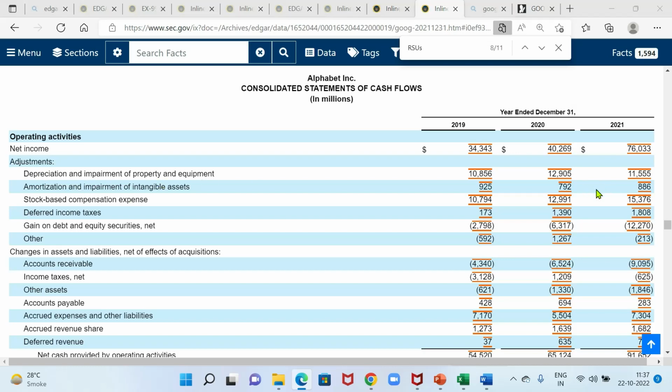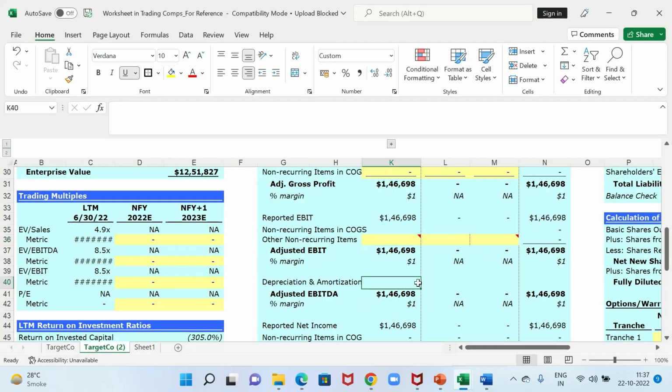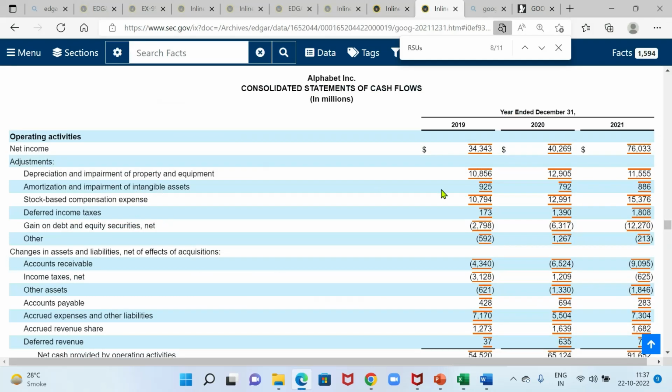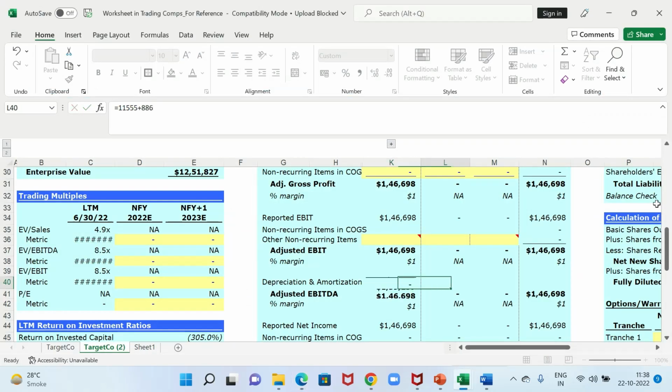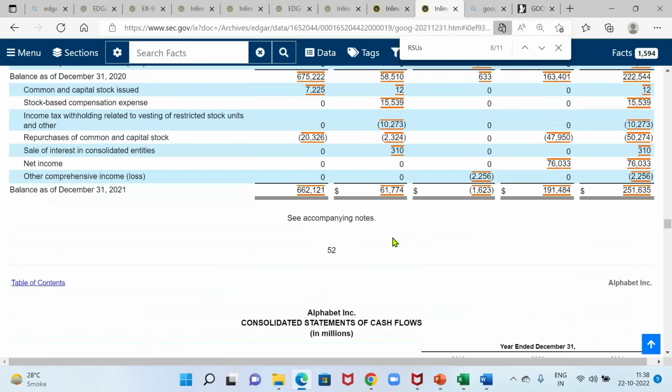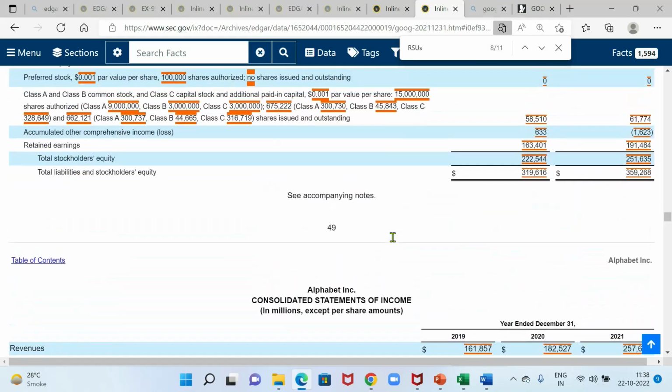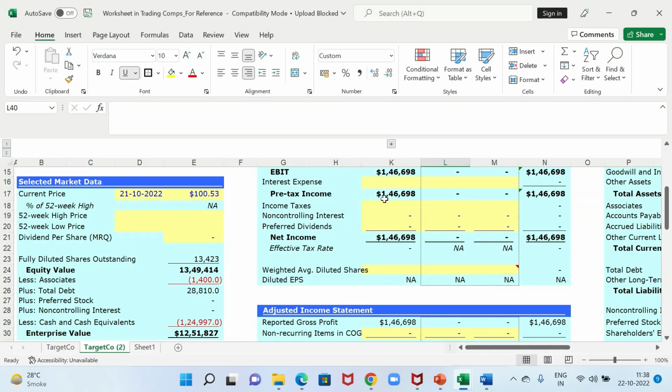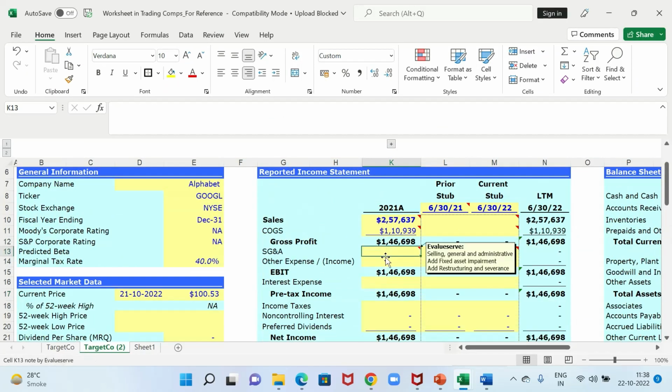Depreciation, amortization, I can put here for the EBITDA calculation. Amortization 886. Okay. Let me just do it quickly so that we can relate.